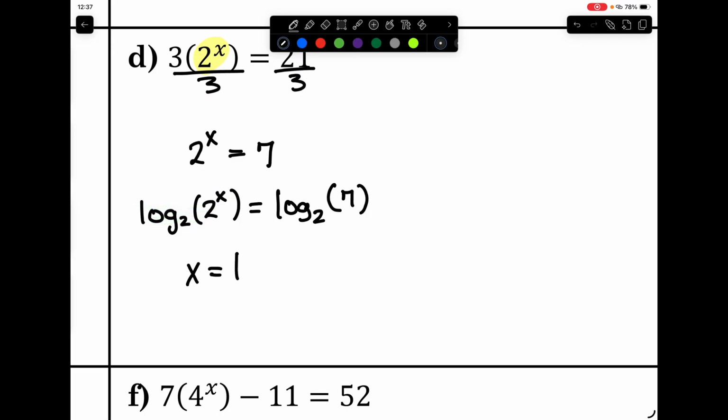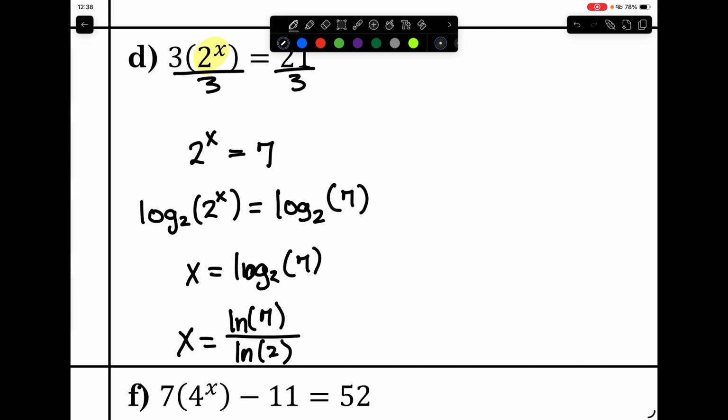So x is equal to the log base 2 of 7, which now applying the change of base property means that this is equal to the natural log of 7 divided by the natural log of 2. So I like using that instead.